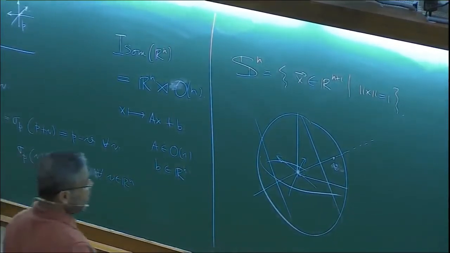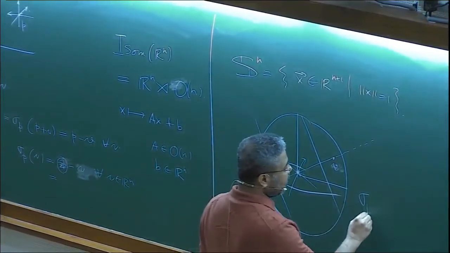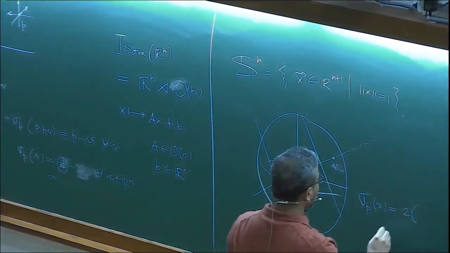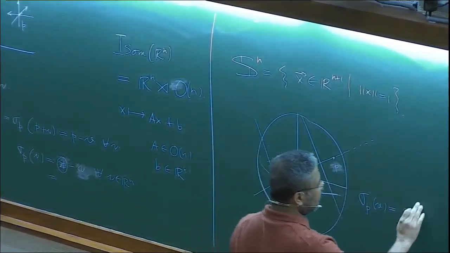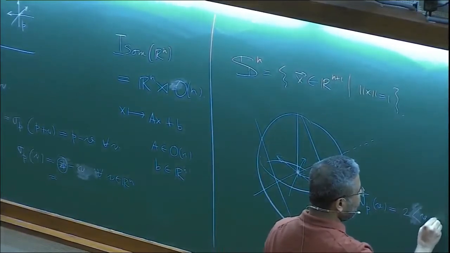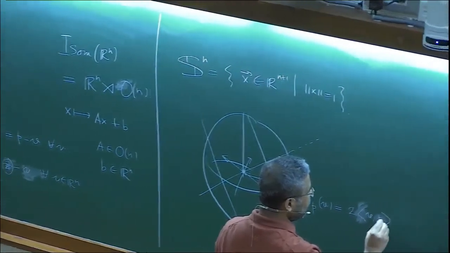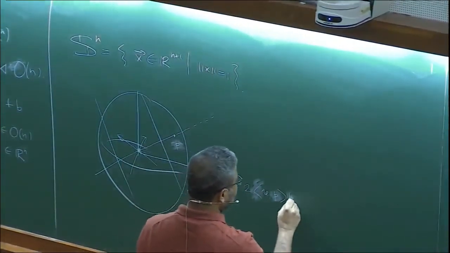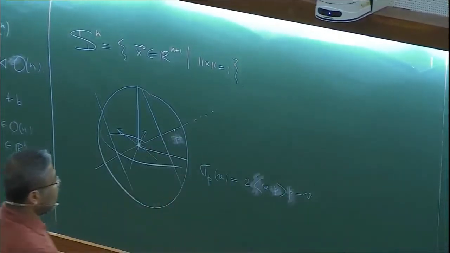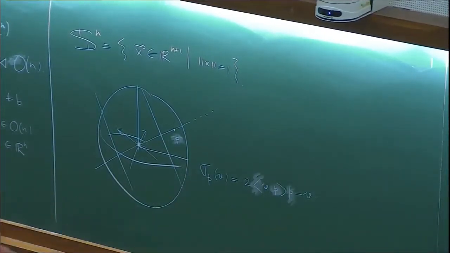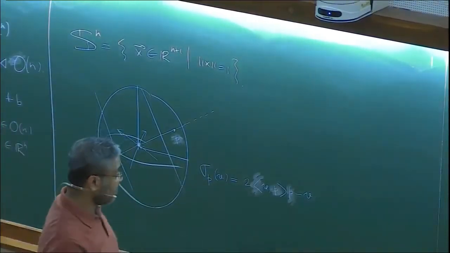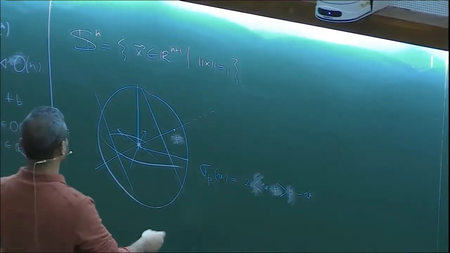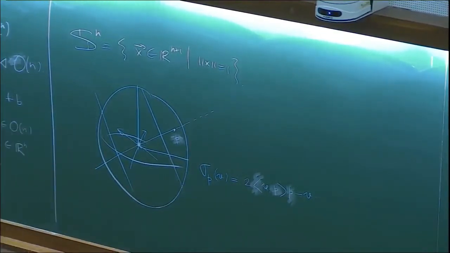Okay. So if you write down the formula, sigma P of V is going to be 2 times the inner product of P and V, times P, minus V. And the fact that norm P is 1 is going to tell you that this is a reflection, and this is of course an orthogonal element in On plus 1, and this is going to do the job.